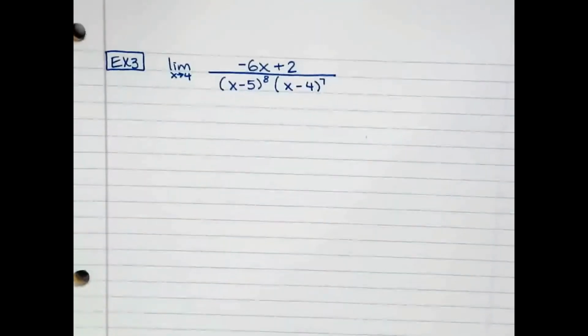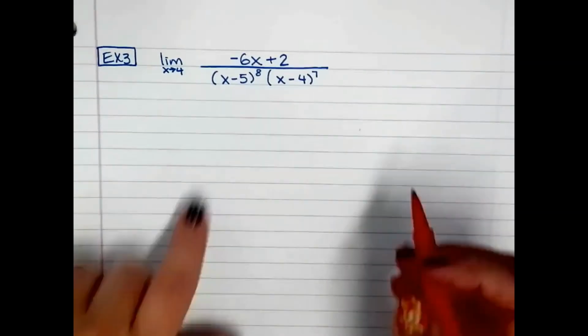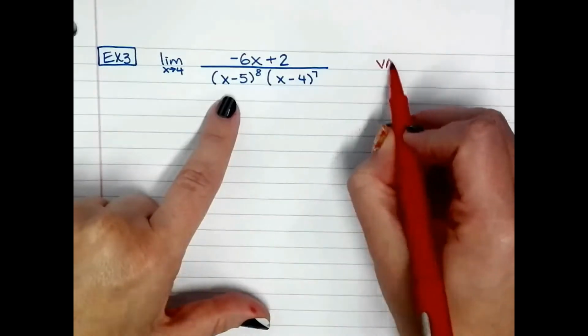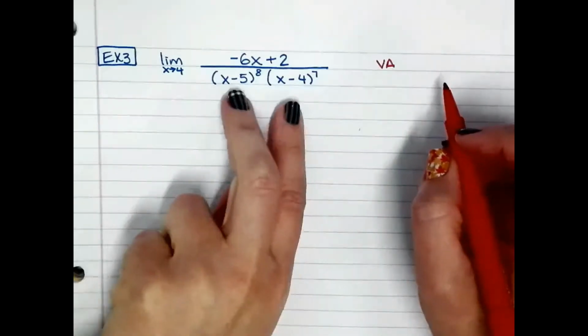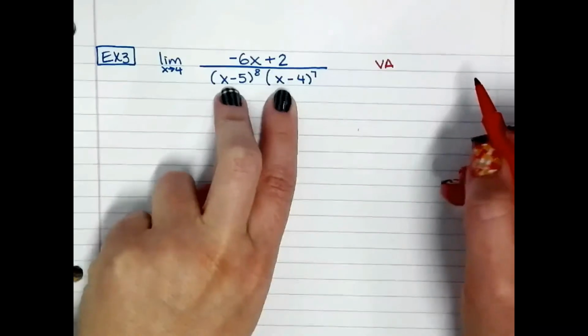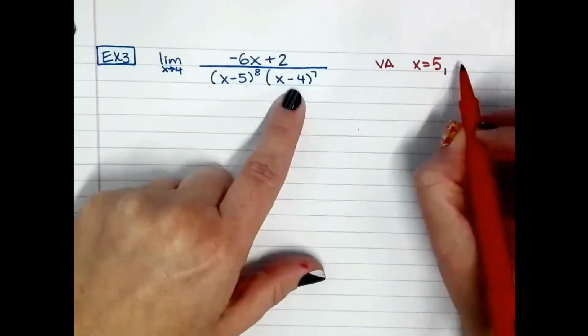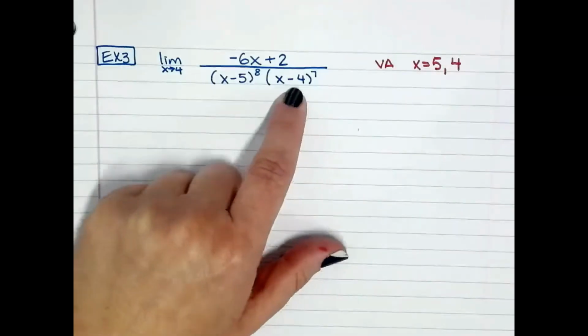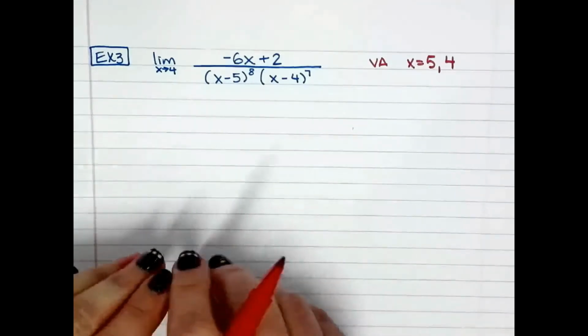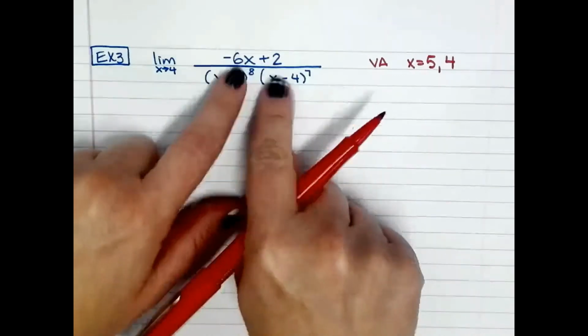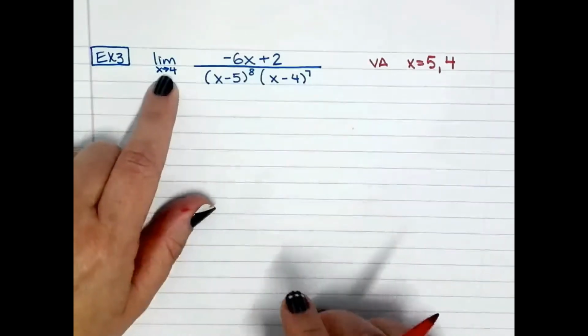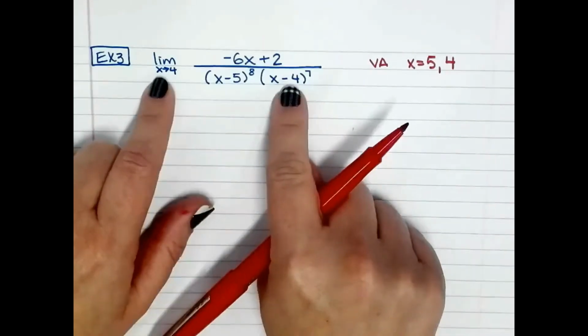Last one, we have, ooh, what is this? Okay, vertical asymptote. We have two numbers that make the denominator equal 0. One, x is 5. The other one, x is 4. Here's the kicker. If you don't know which one you're going to split up, look at what x is approaching. So x is approaching 4.